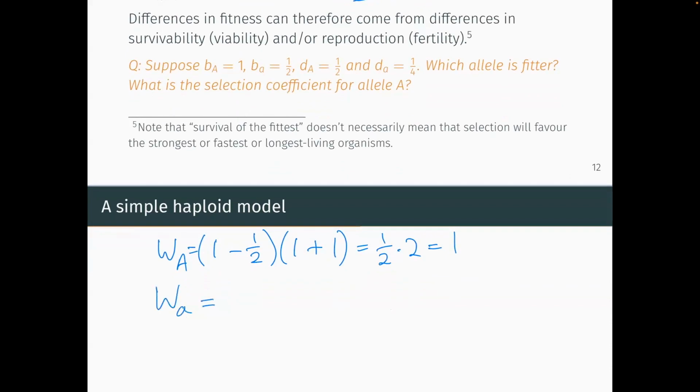And then for little a, we have 1 minus the probability of death, which here is a quarter. That's going to be multiplied by 1 plus b sub little a. b sub little a is a half. So we're going to have 3/4 times 3/2, which is 9/8.